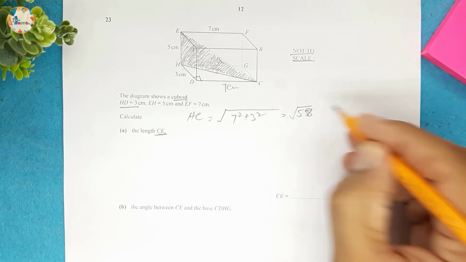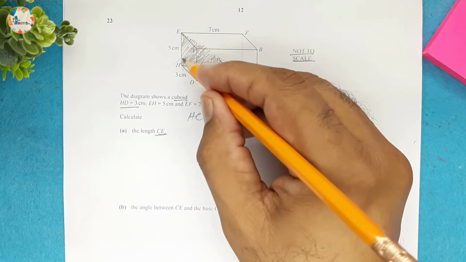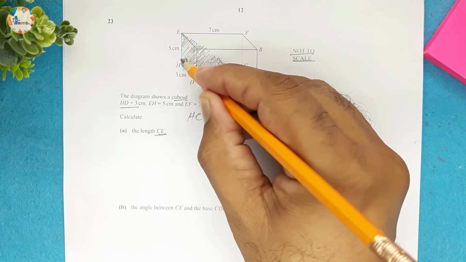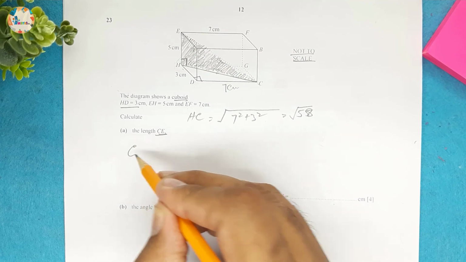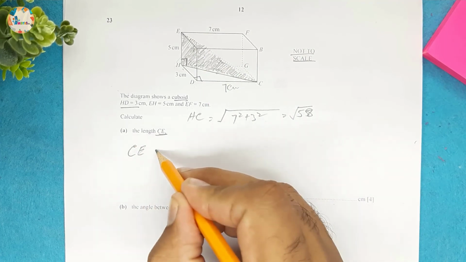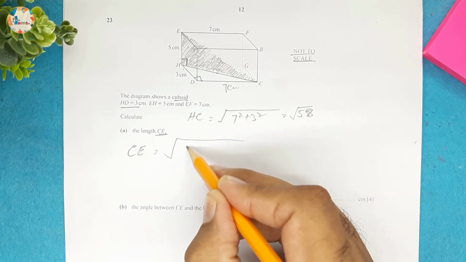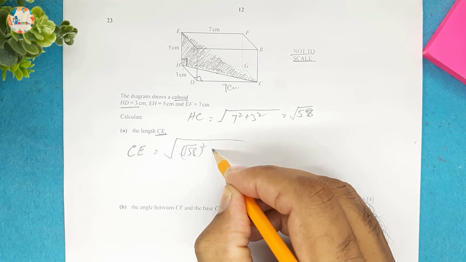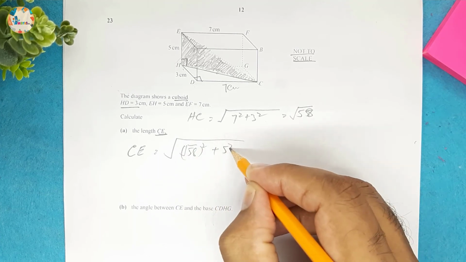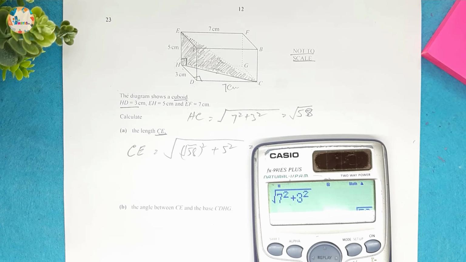Now we have this side, we have this side, and this is the right angle, so we can find EC, or CE. CE will be equal to square root of under root 58 squared plus 5 squared, and this one will be the length of CE.